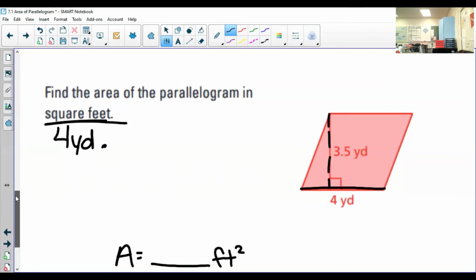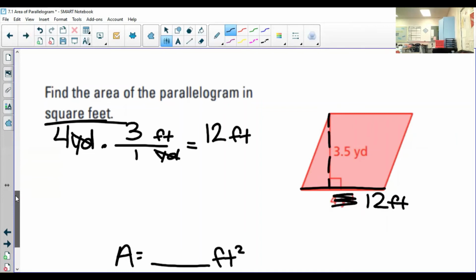We're going to times that by a fraction. We're starting with yards. We want to end up as feet. So I go to my conversion chart. Yards to feet. In 1 yard, there is 3 feet. All right, yards are going to cancel. What's 4 times 3? 12 feet in 4 yards. Okay, so no longer is this 4 yards, but 12 feet.